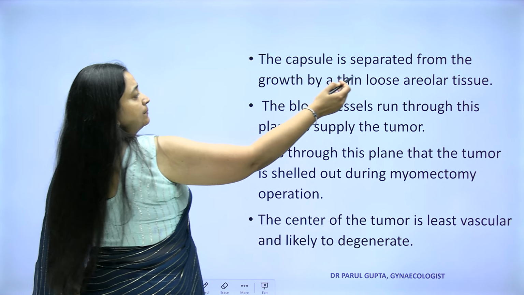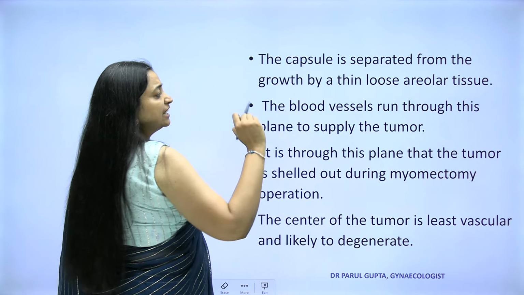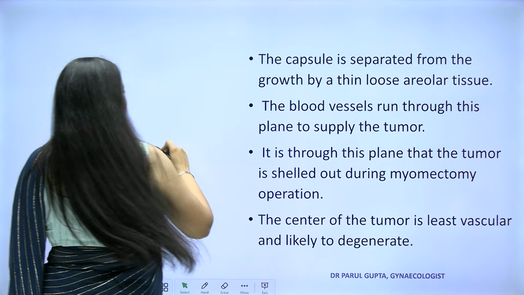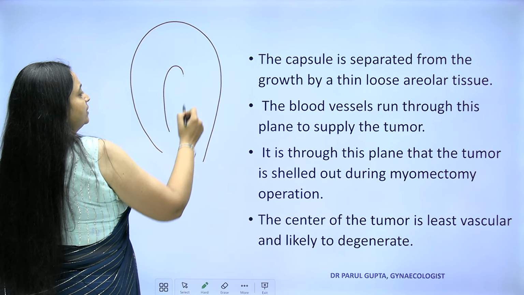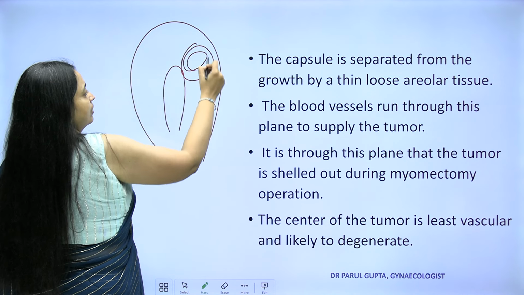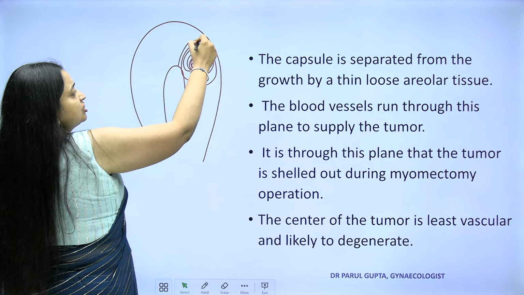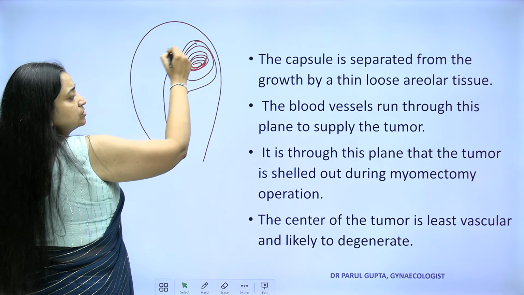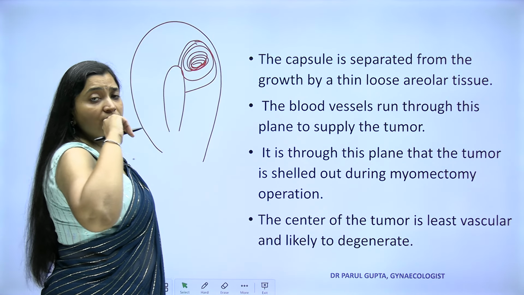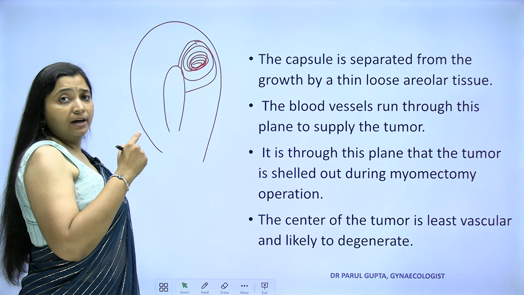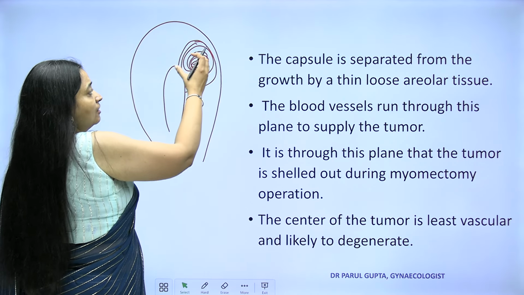The capsule is separated from the growth by a thin loose areolar tissue. In the myometrium, this is the round whorled fibroid, and this is a false capsule which has a very loose areolar tissue around.